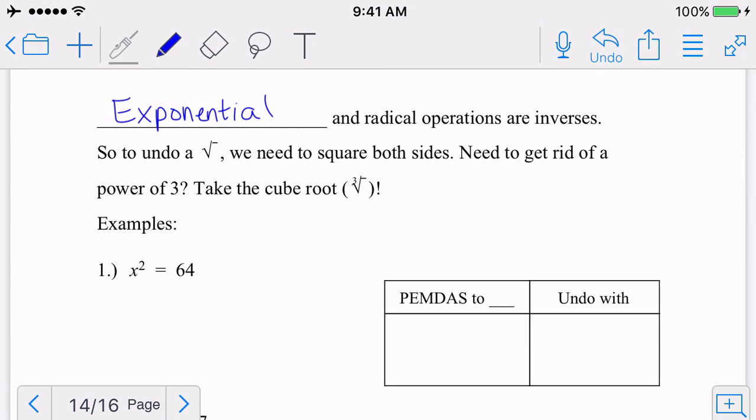So what that means is in order to undo a square root, well, the inverse of the square root is to square both sides or take it to the power of 2. If we want to get rid of a power of 3, well, the inverse of that is going to be the cube root. So that's how we are going to undo any exponents or radicals. So let's go ahead and explore our examples.